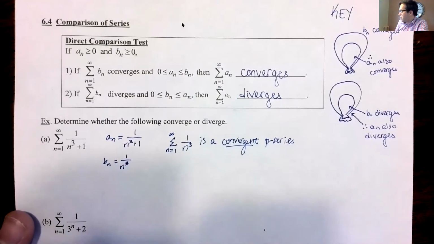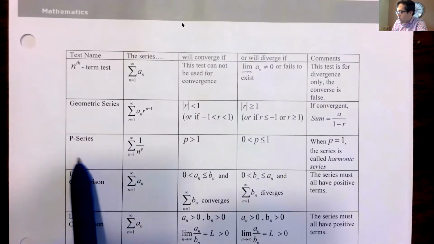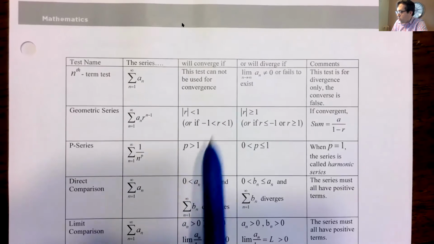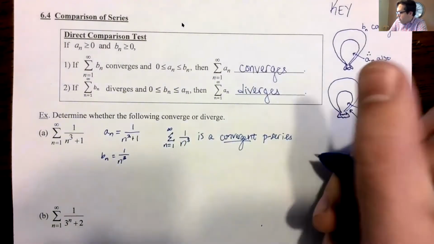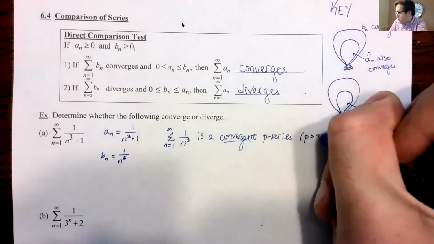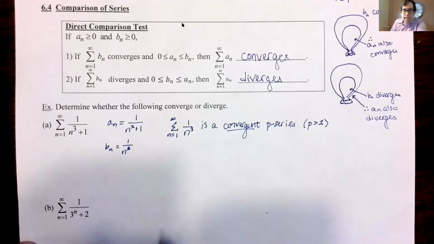So we're going to have to get used to that. But if we think about our chart, what were the rules for p-series? If p was greater than 1, it converges. And this p is greater than 1, it's 3. So in parentheses here, I'm going to write it's because p was greater than 1. That way we just know we showed the reason why that's convergent.